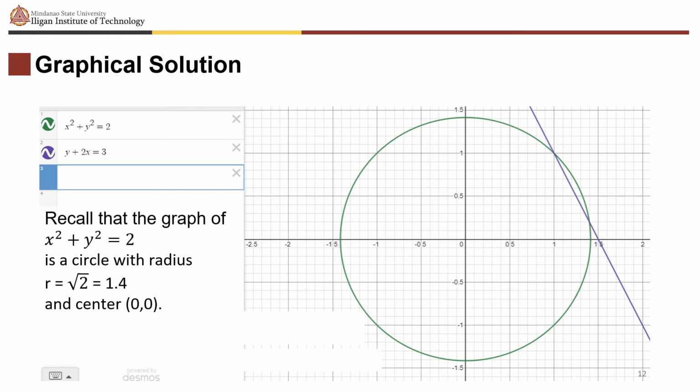Recall that the graph of x squared plus y squared equals 2 is a circle with radius square root of 2, which is approximately 1.4. The center is at 0. So we have a radius of 1.4, and we're able to sketch this circle.